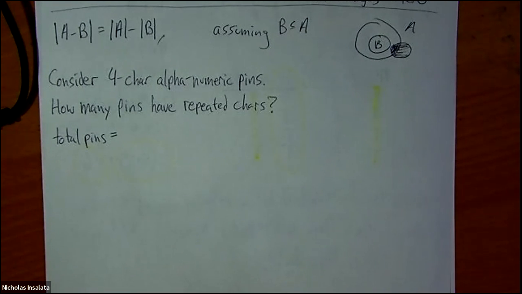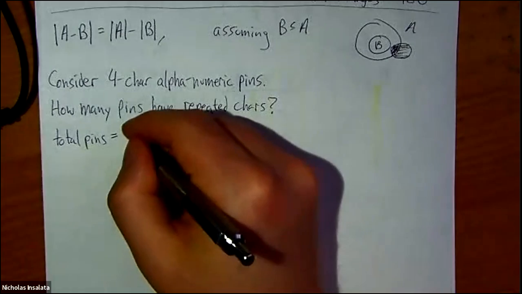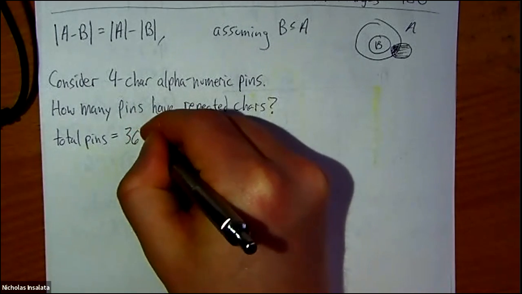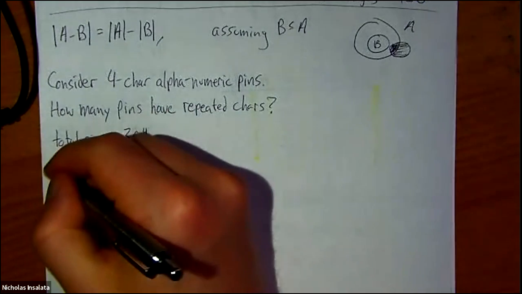So look, we're going to sort of look at this both ways, right? So first of all, what's the total number of pins? Oh, and David, you guessed 36 to the third, almost. 4 character pins, so it'd be 36 to the fourth, right? Nice.